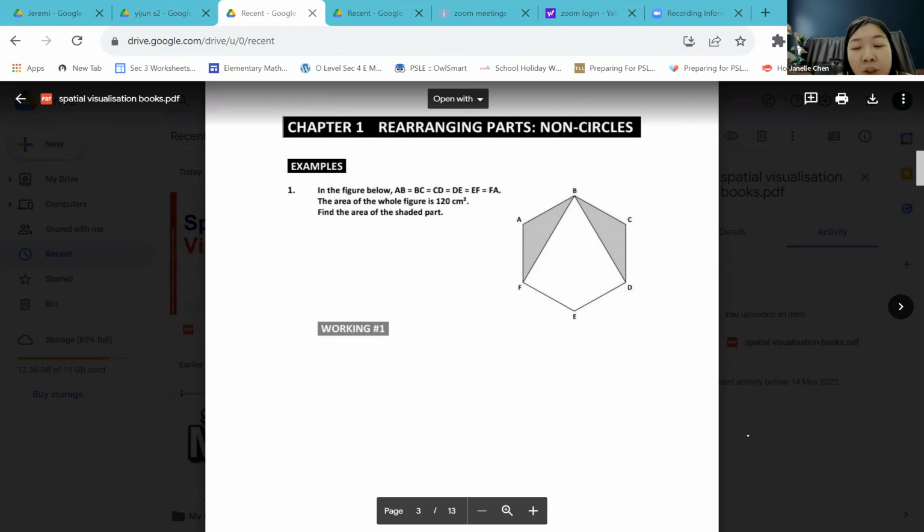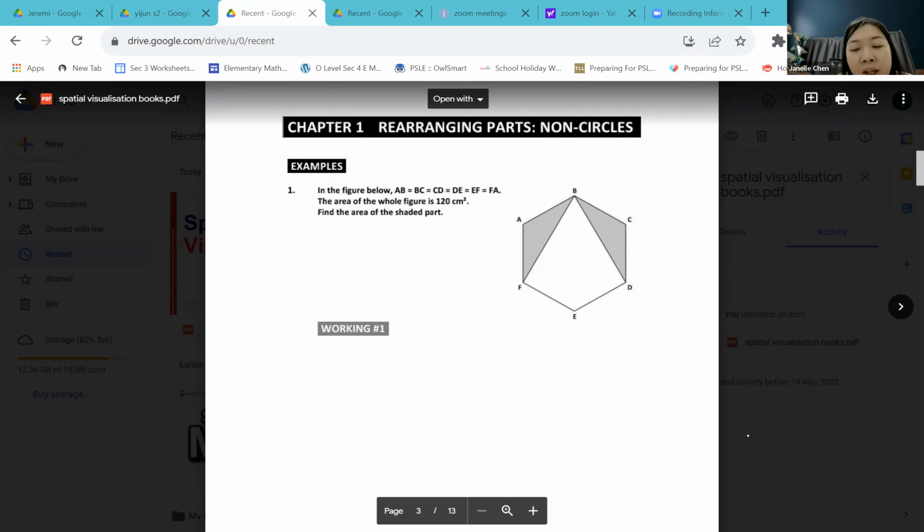One of the most common ways that I always tell my students is, if you have figures with unknown shapes, or shaded or unshaded parts that you are required to find that are not regular shapes, my advice is to try to visualize and put them together. If they're asking for the shaded part, maybe put all the shaded parts together.